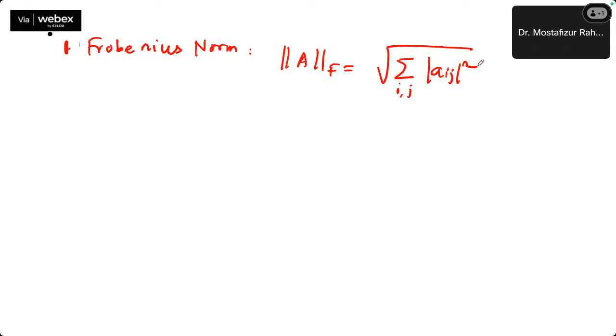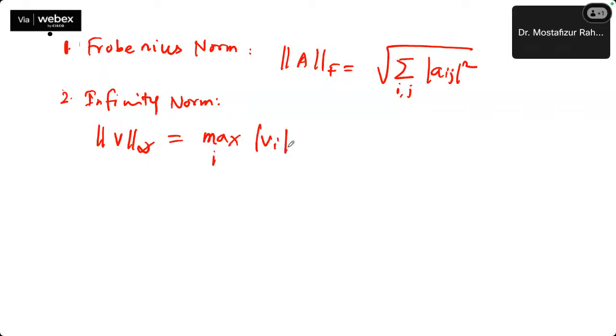And there is a norm called the infinity norm. For a vector, the infinity norm is denoted like the norm of v with subscript infinity, which is the maximum element present in the vector: max over i of the modulus of vi. For a matrix A, the infinity norm is defined a bit differently.